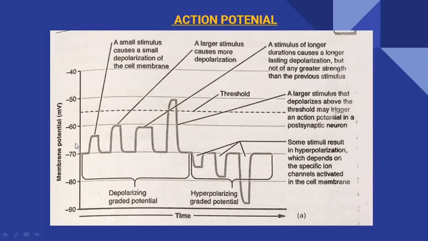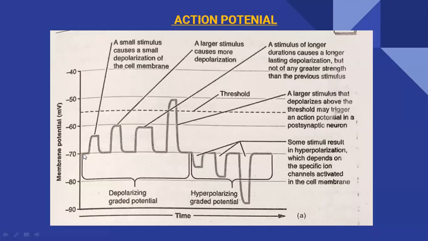On the y-axis, potential differences are taken from minus 90 to around plus 40 or plus 50. Here it is shown only up to minus 40, but plus 40 or plus 50 will be taken on the y-axis: the membrane potential differences.